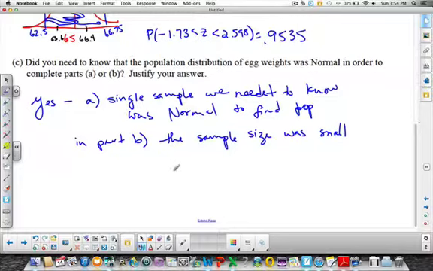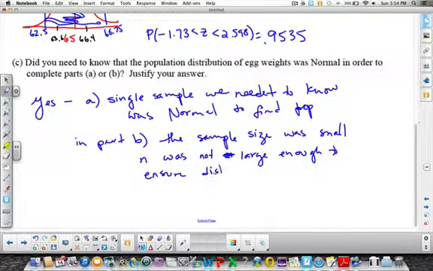So the sample size n was not large enough to ensure that the sampling distribution, or the distribution of all my x bars, would be normal. Alright, so that's it for number 11.